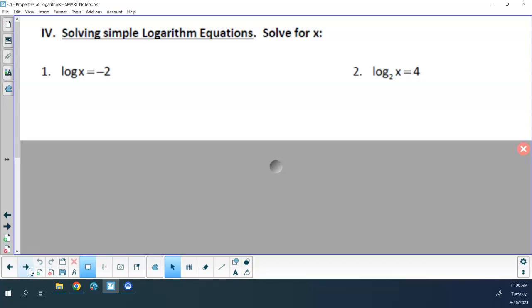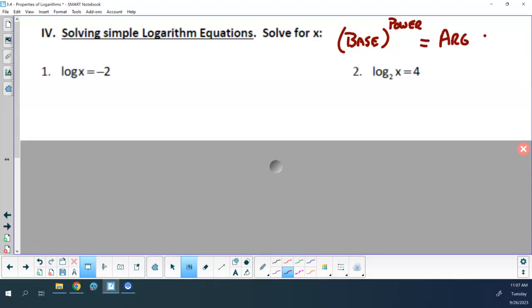Now, what you should have learned by watching the video over the weekend is when we are solving with logs, you should have memorized by now that base to a power equals an argument, we call it, is the same as log with the base of the argument equals the power.